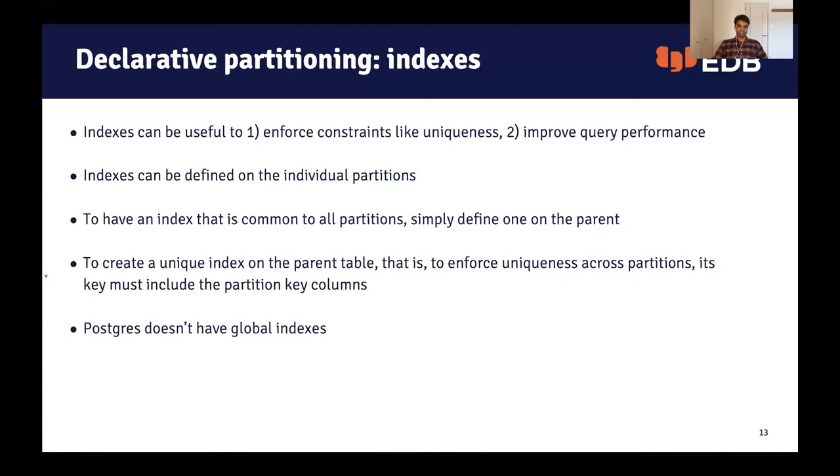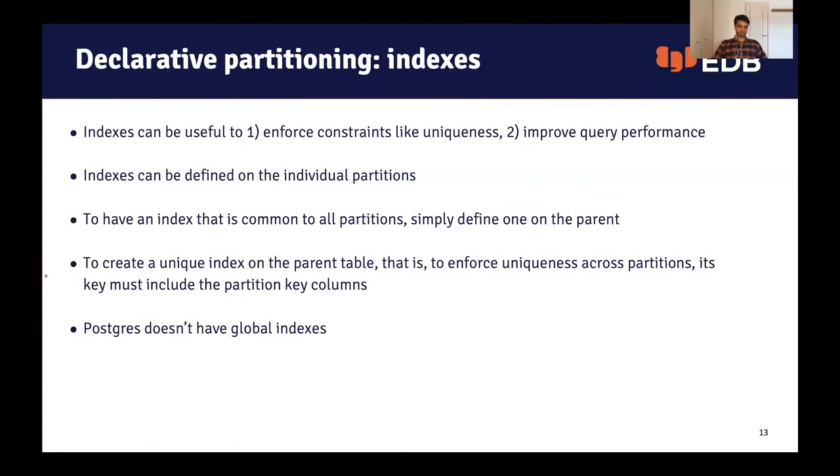You can still create unique indexes on each partition if you want a different unique constraint. If Postgres had global indexes, which it doesn't have, then there wouldn't be this problem, because with global indexes, there's one index that covers data from all partitions.